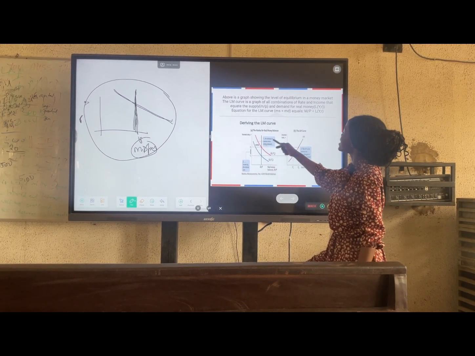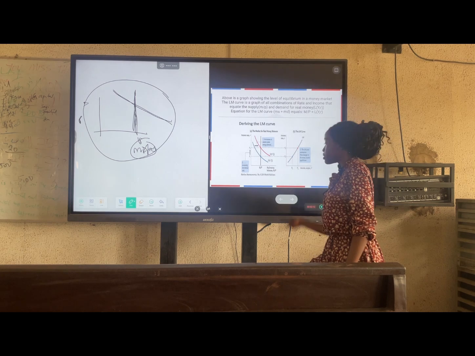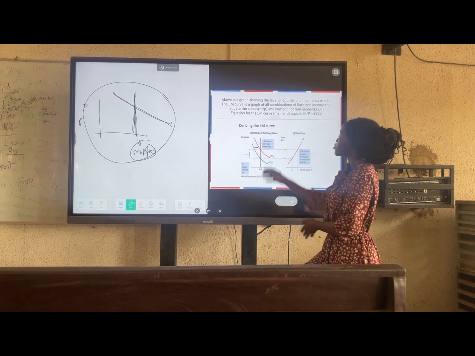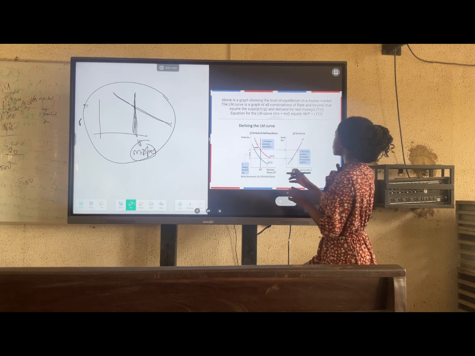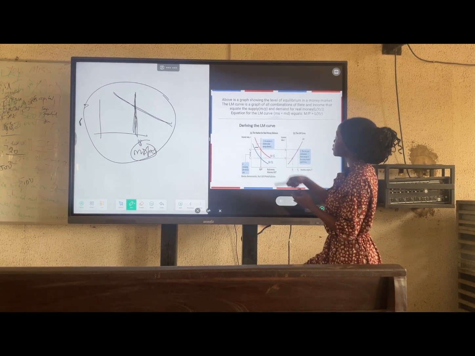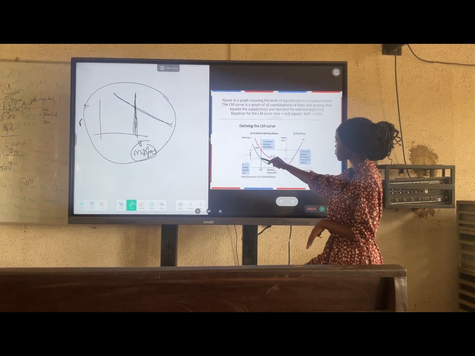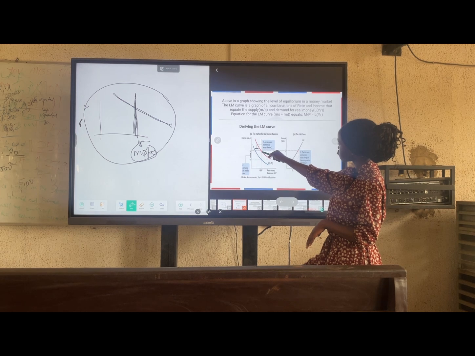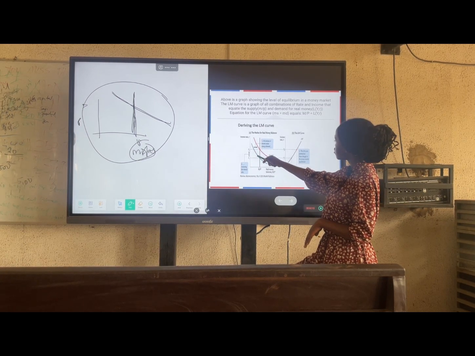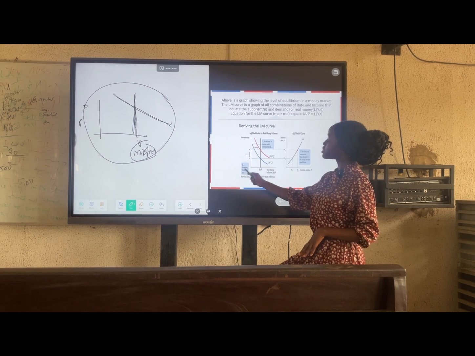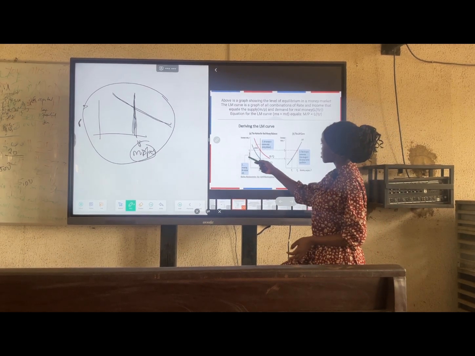Then here we have an increase in income raises money demand. Since the money supply is fixed, we're only going to be focusing on the money demand curve. An increase in income raises money demand from here to here. This will in turn increase the interest rate from here to here.